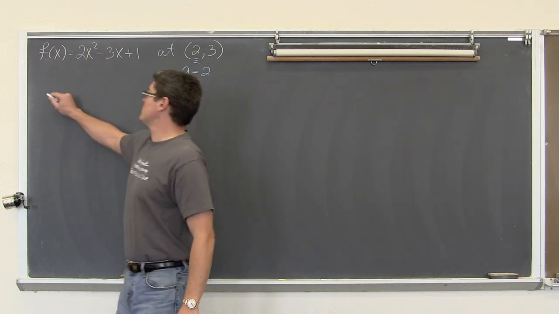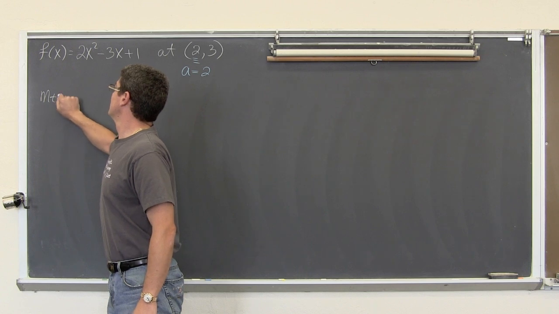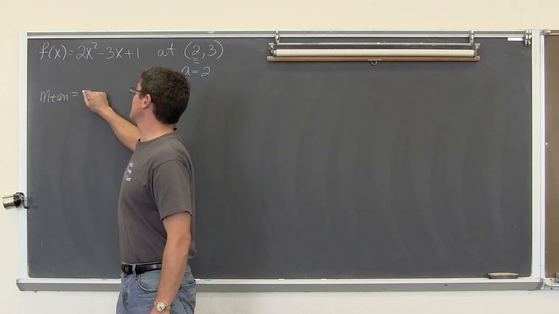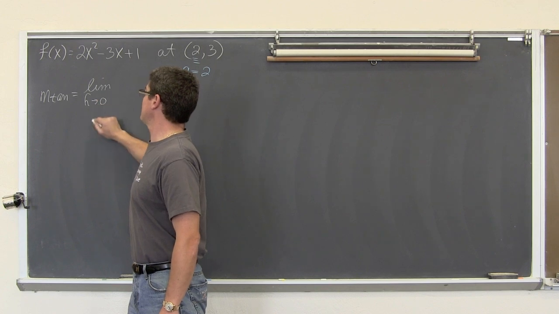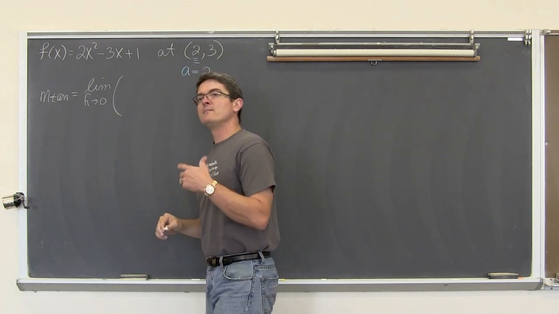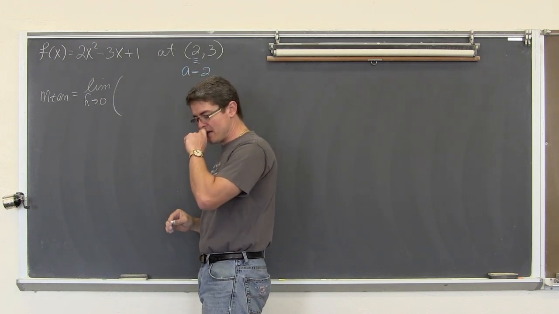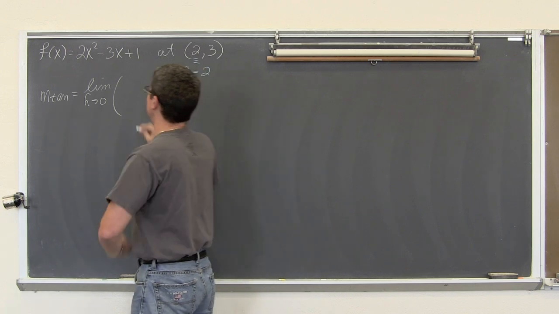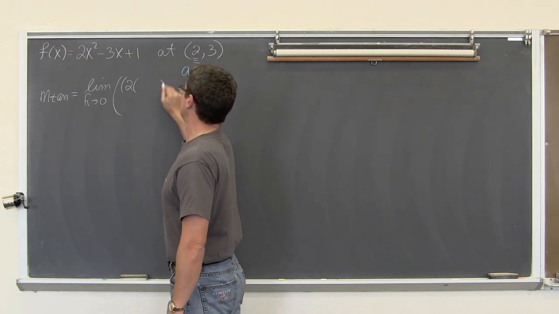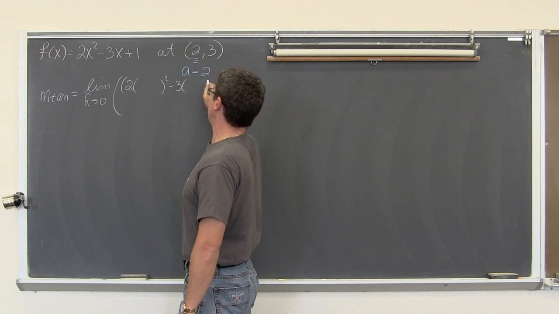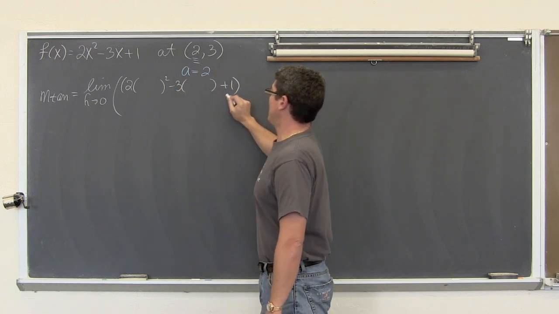Okay, well the slope of the tangent is equal to the limit as h approaches 0 of f of a plus h. F of, so we have parentheses, 2 times something squared minus 3 times something plus 1.